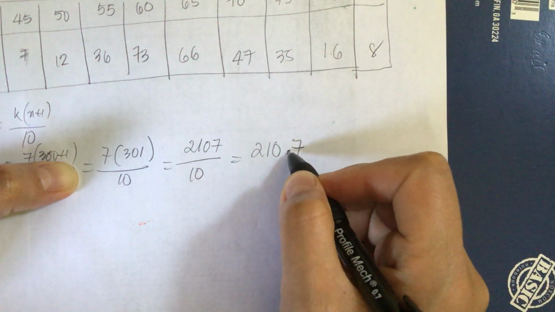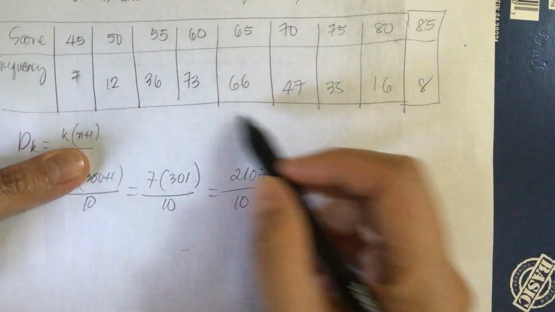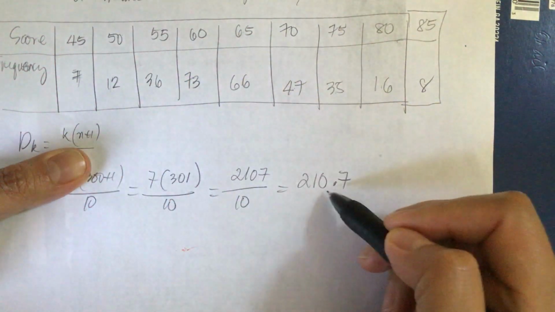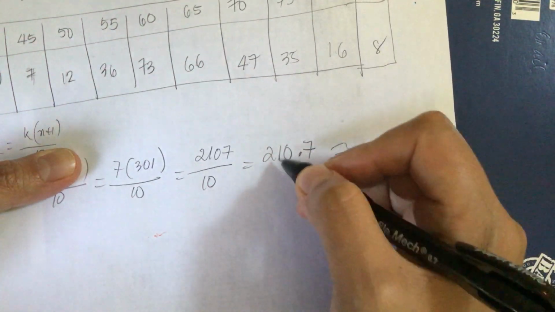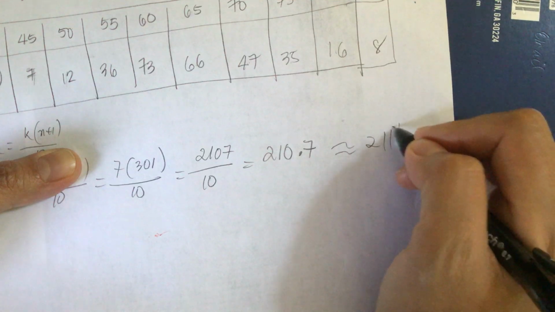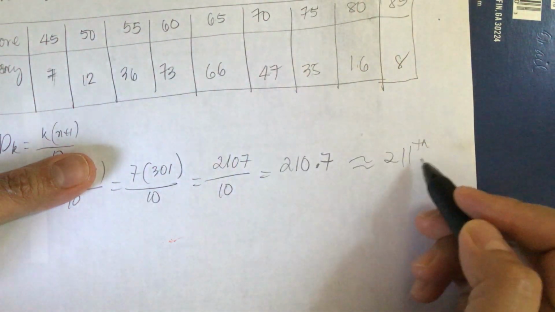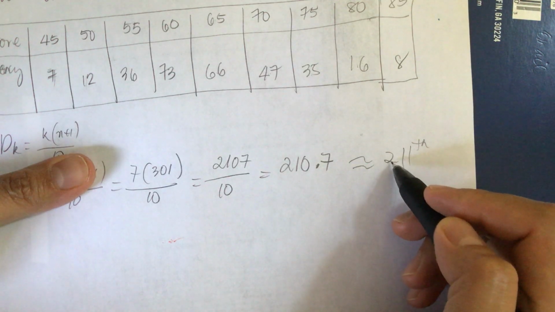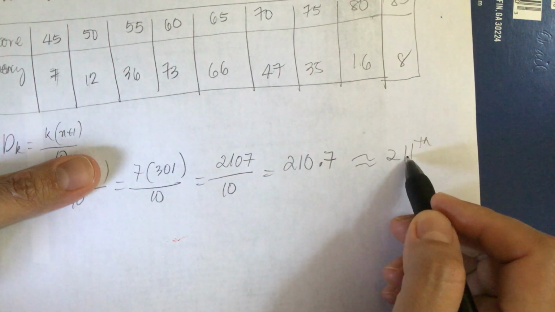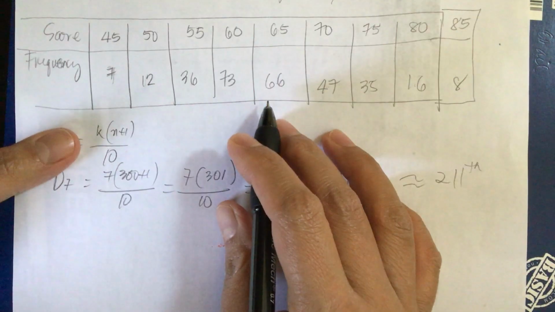Since this is decimal and there's no data that is 210.7, we need to round off this to 211. So now we have to find what score is in the 211th place.